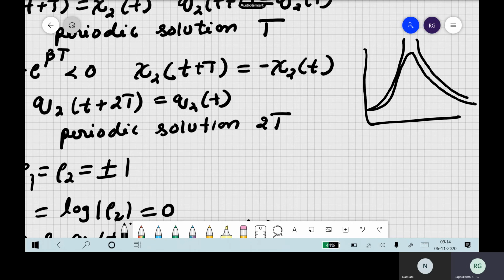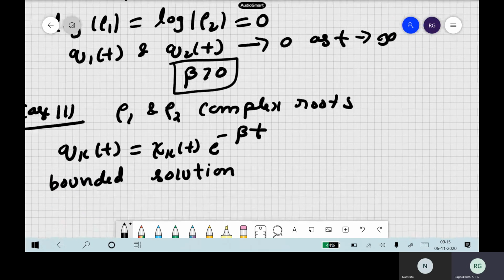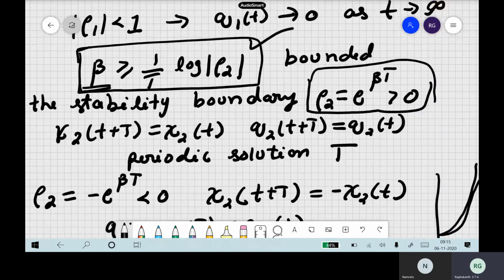But here, there is no chance of the solution going towards infinity in that way. Although damping is there, there is still a chance the solution can become unbounded, provided beta T is less than or equal to 1 by T log of the roots itself. This is the most important thing.